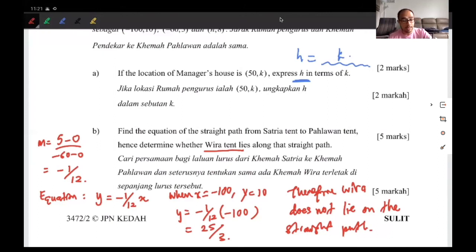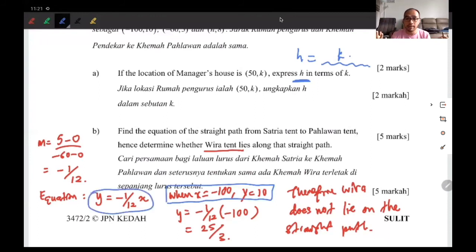If x equals to negative 100, the y must be equal to 10 for it to be on the straight path. But since I substitute negative 100 in this equation and I don't get the value of 10, that means it doesn't lie on the straight path. If you think about this, it's actually 5 easy marks. You just have to form the equation, which is like nothing, and then determine. 5 marks is pretty heavy for something that is actually quite simple.